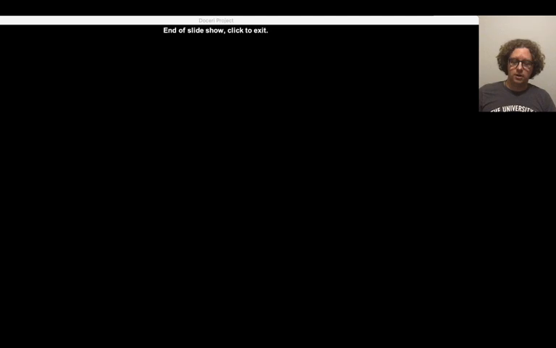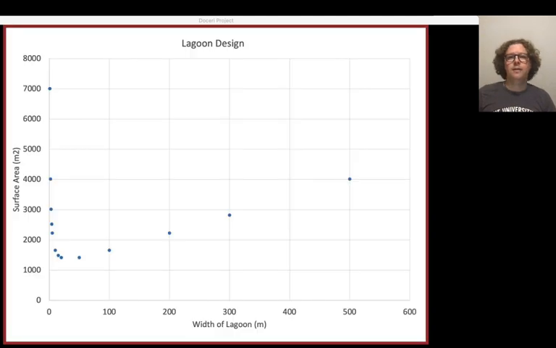And so you can go through and you could use a design like this to relate the width of lagoon to the length of lagoon to the surface area, and do sort of a minimization problem where you might actually go in and find what is the most efficient shape of pond in terms of the materials used to create it.